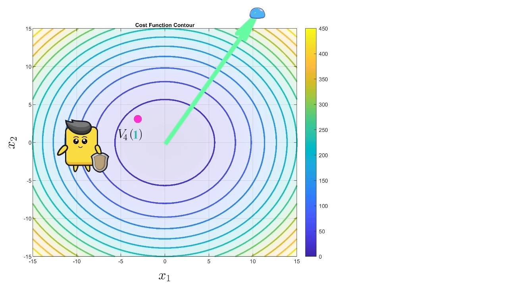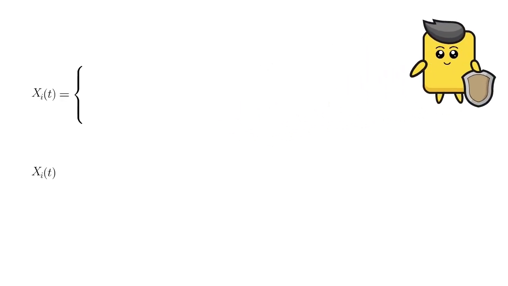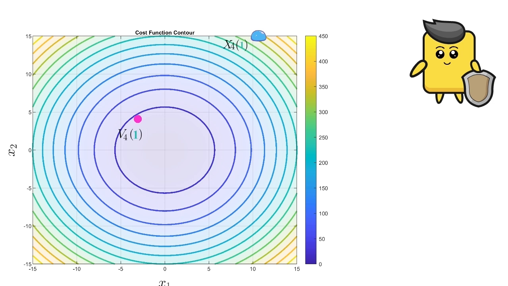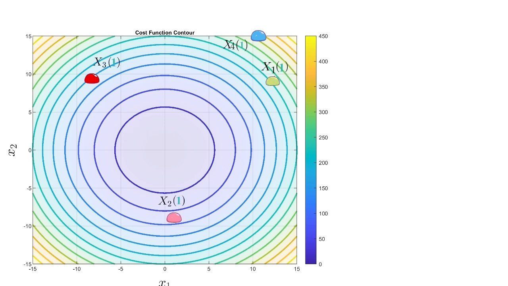This new value doesn't fall within the acceptable range of -15 to 15. The second component of the position is outside the allowed range and will be corrected according to the R-guard conditions. Now that we know the new positions of the four particles, let's proceed to the last particle.